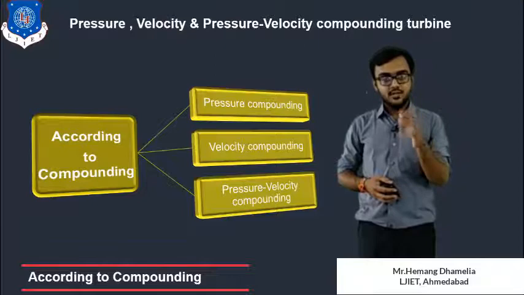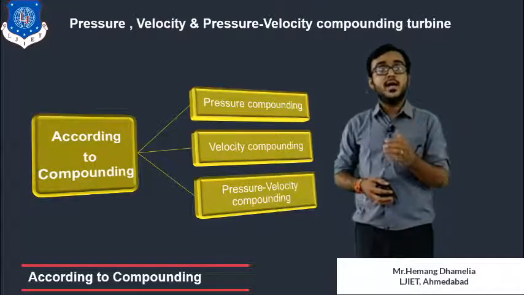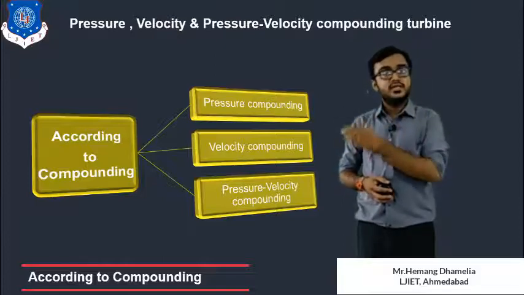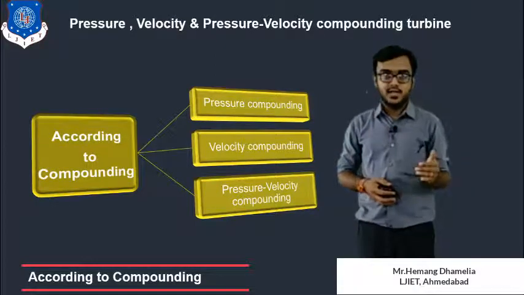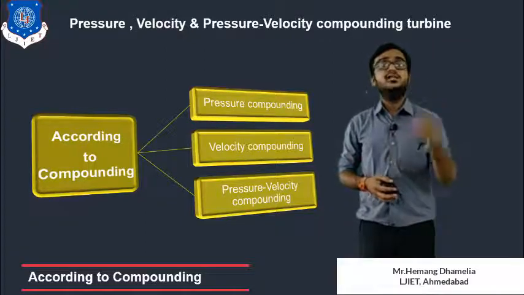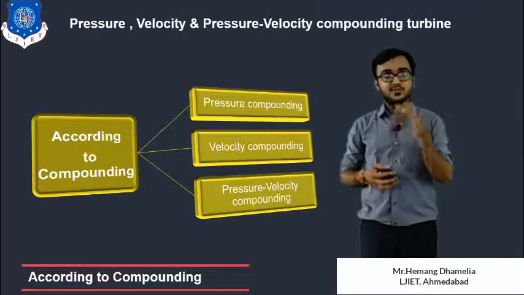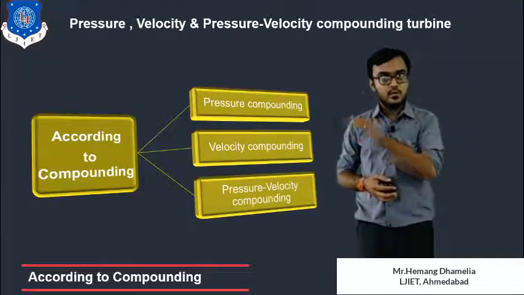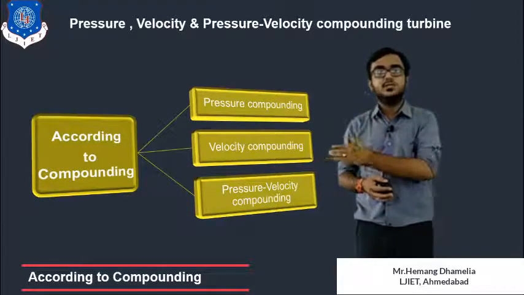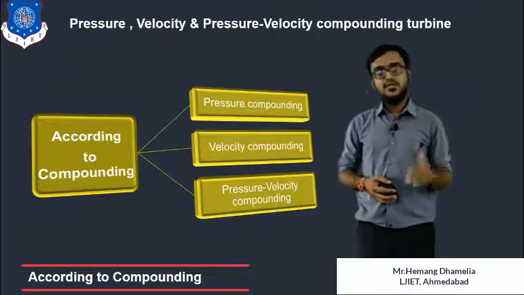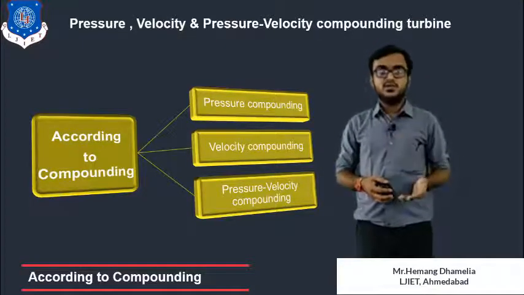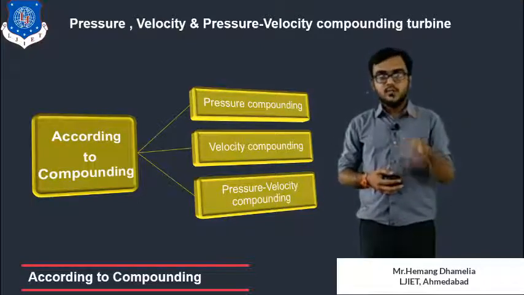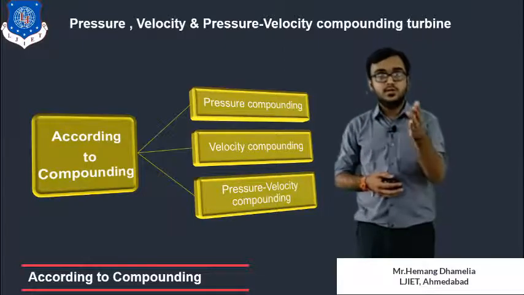Now pressure compounding type of turbine means the type of turbine in which we divide the pressure into a number of stages so that we can limit the speed of the turbine. Velocity compounding is the type of compounding in which we divide the velocity of steam into a number of stages so that we can limit the speed of the turbine, while the pressure velocity compounding method is the type in which we divide pressure as well as velocity into a number of stages.